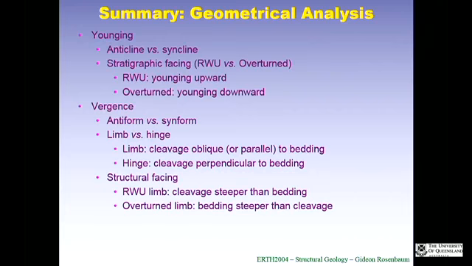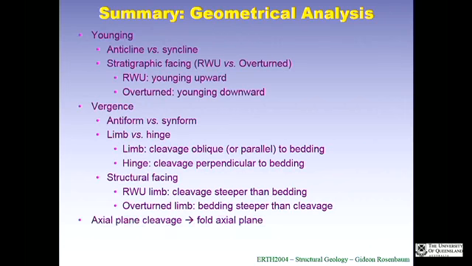In the limb, the cleavage is oblique or parallel to bedding, and in the hinge, the cleavage is perpendicular to bedding. And in terms of facing, we can determine whether we are at the right way up limb or overturned limb based on the cleavage bedding relationships. Cleavage is steeper than bedding in the right way up limb and is shallower than bedding in the overturned limb.